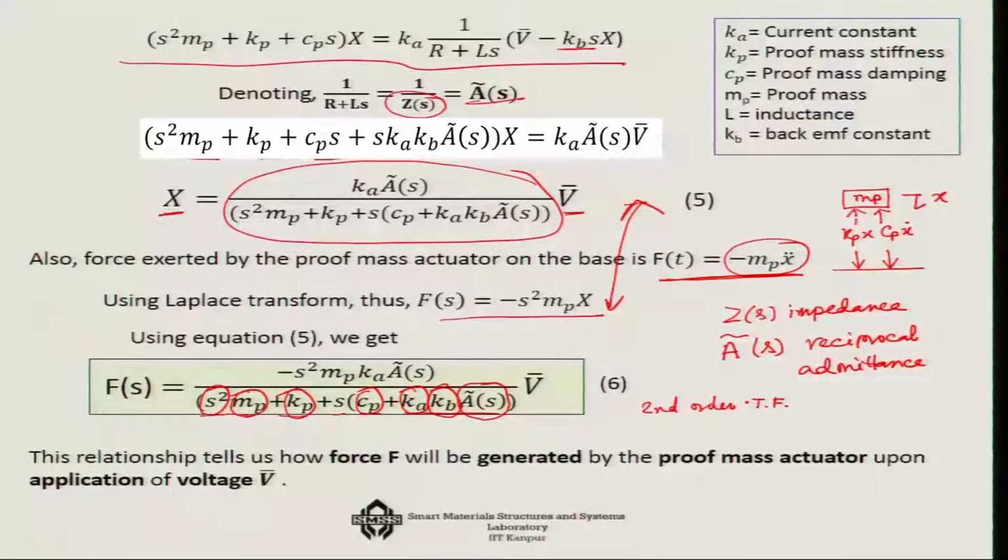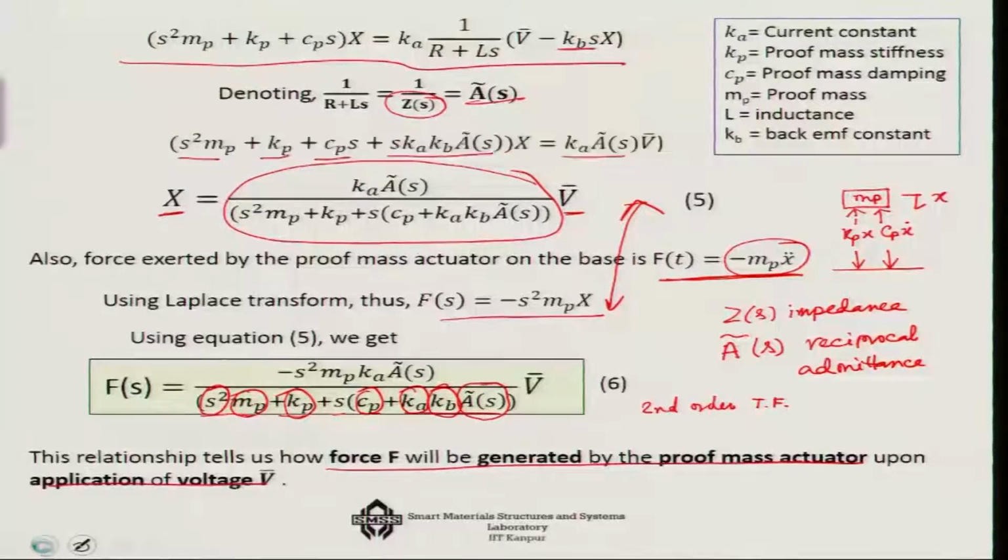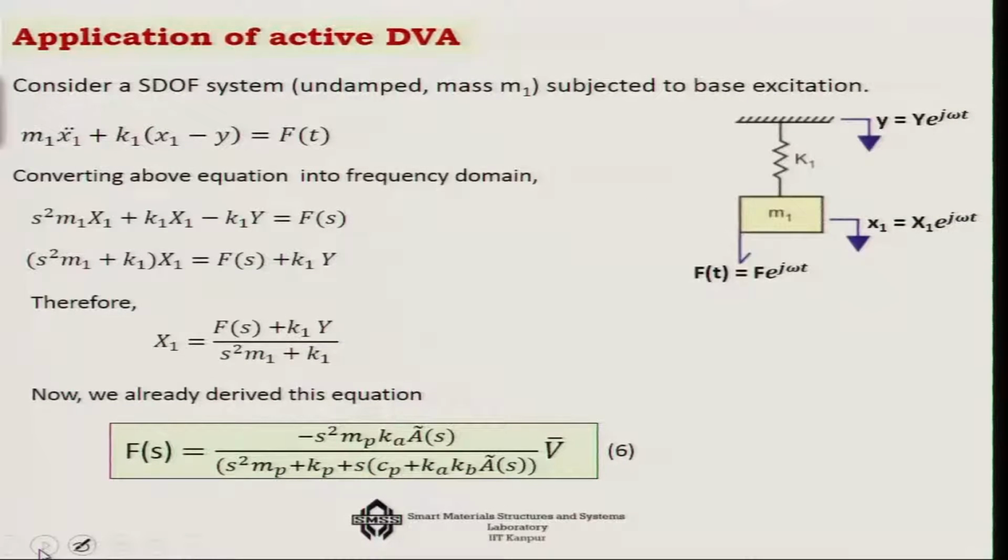Now, if this is the force F that is generated by the proof mass actuator with an applied voltage V bar, can we put it back into a system where we need to control the vibration, similar to what I discussed in the very beginning? We will now talk about how we can apply this proof mass actuator in a system which is undamped or underdamped.